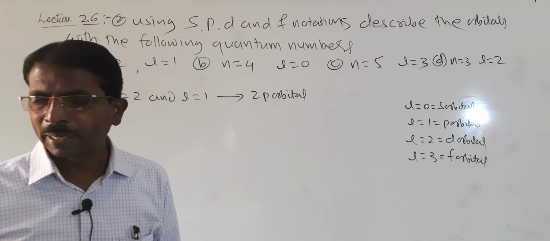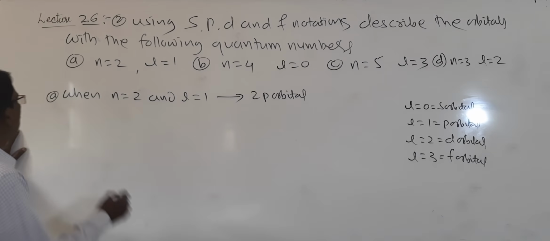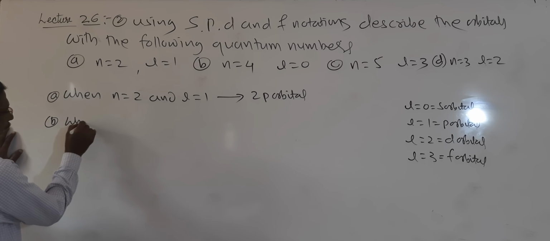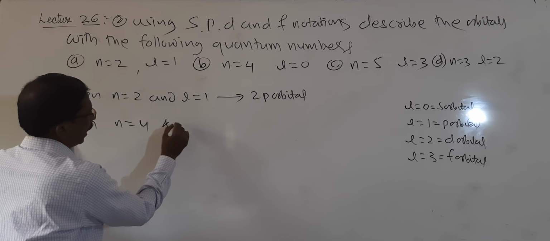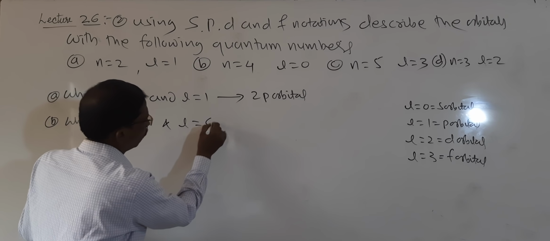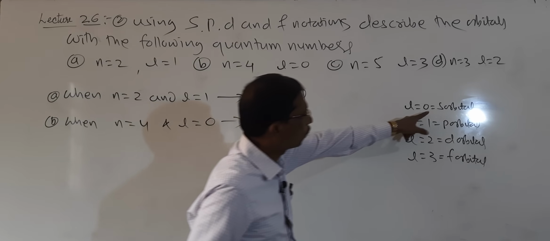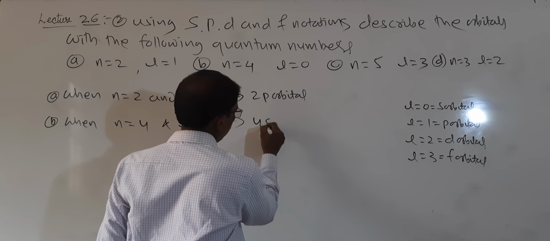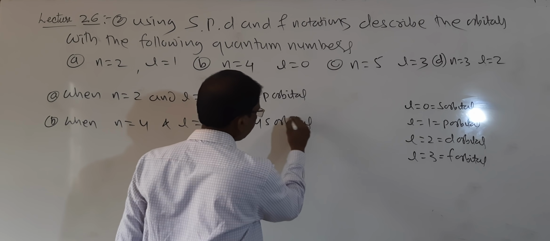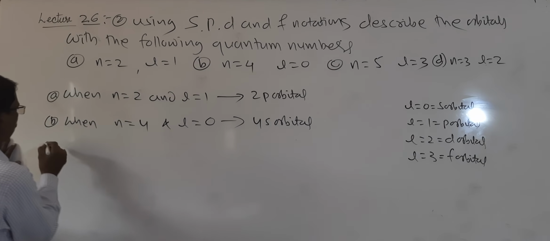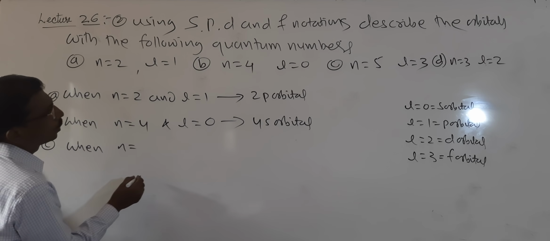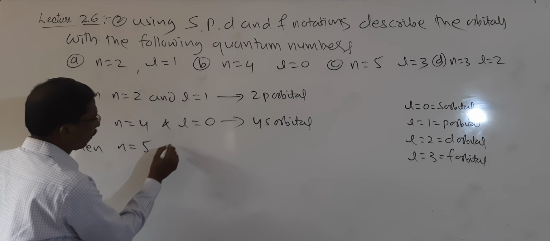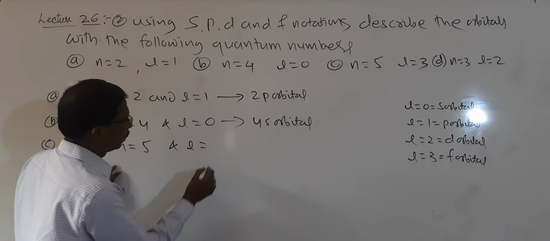And then the next one, B: when n is equal to 4 and l is equal to 0. We know that l is equal to 0 is the s orbital. So, 4s orbital. Then C: when n is equal to 5 and l is equal to 3.